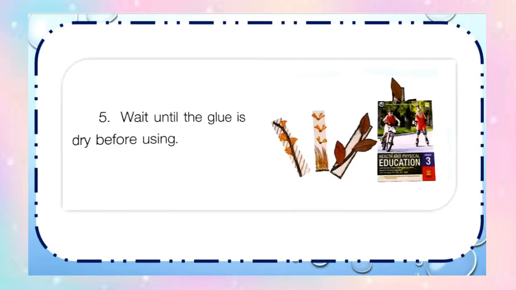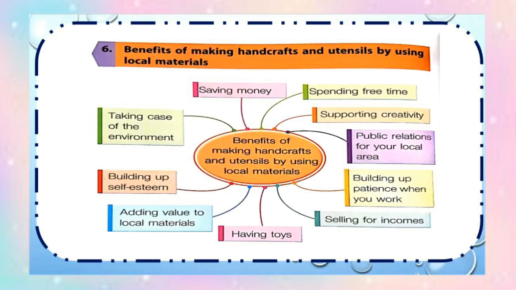Okay, and wait until the glue is dry before using. And that's it. As you can see in the picture, that's so cute. And it's just made from our local materials. So that's very easy.